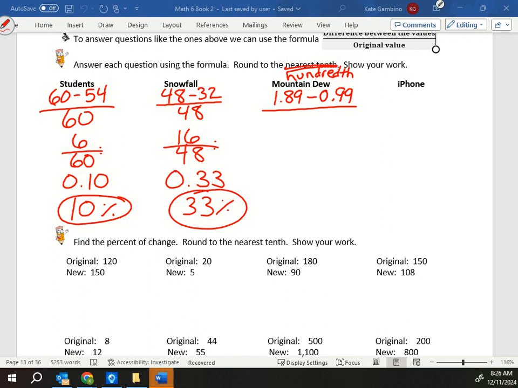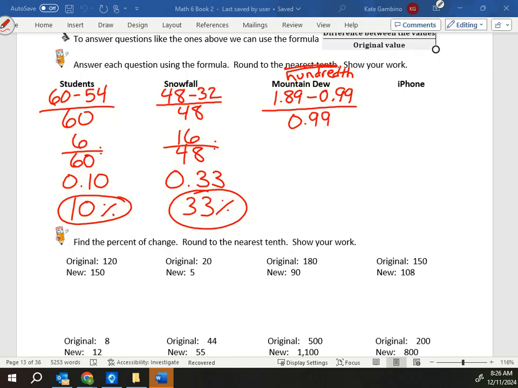The original value. So which one's my original value? Which one's the original one in the problem? Now we care if it comes first in the problem. Yeah, that 0.99 was the first amount in the problem, so that's our original.